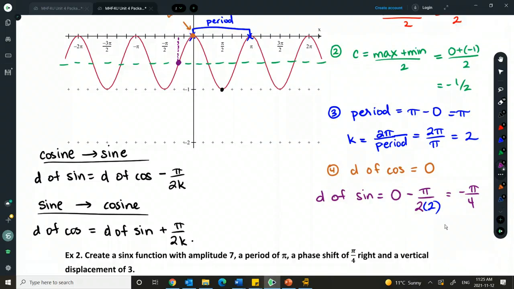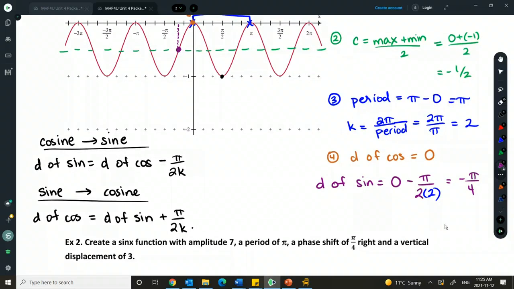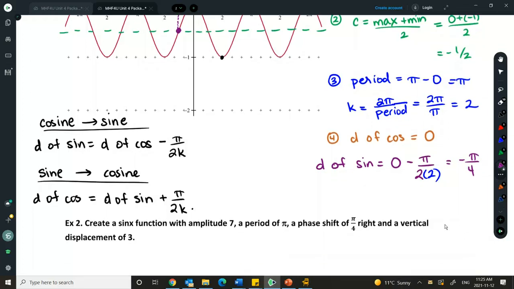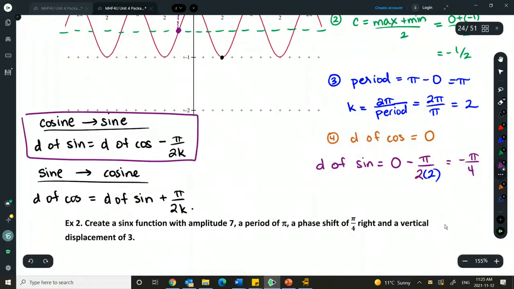I'm just a little confused. You're going cos to sine, but then you're doing sine is equal to cos. It looks backwards to me, but why is that again? Sorry, I'm not sure exactly what you're asking here. You're going sine to cosine, but right below it is cosine to sine. So these are two different options, right? This one I will use if I have the cosine equation information and I want to make it into a sine equation. And this one I will use if I have the sine equation information and I want to make it into cosine.